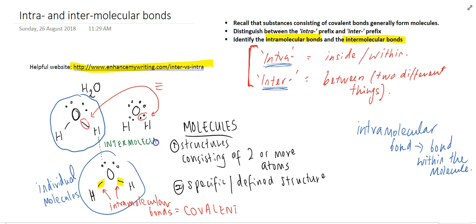More accurately, we call them intermolecular interactions, but at this stage, we'll just use the word bonds. That's fine. So you can see here that there are 2 distinct molecules, this water molecule on top and this water molecule at the bottom. They're 2 separate molecules, but they do interact with each other via these intermolecular bonds.